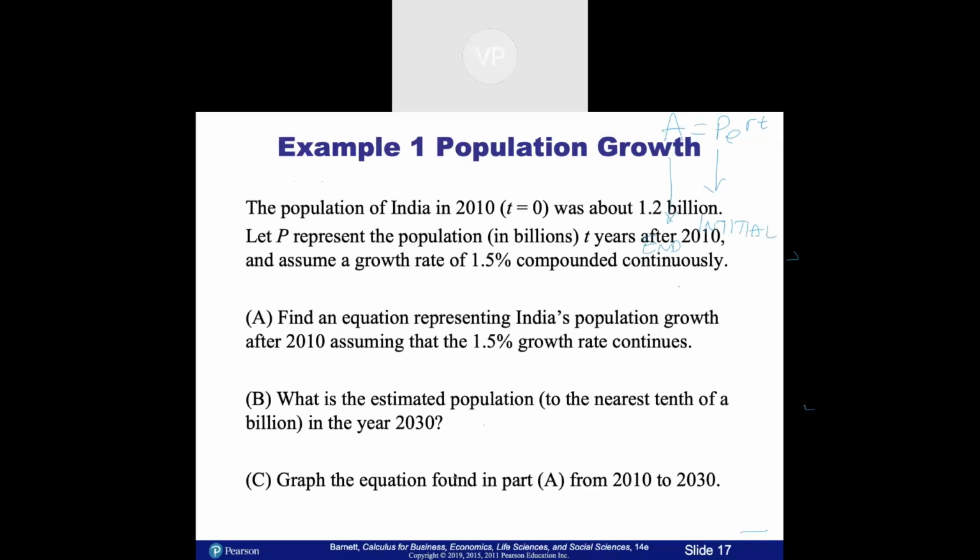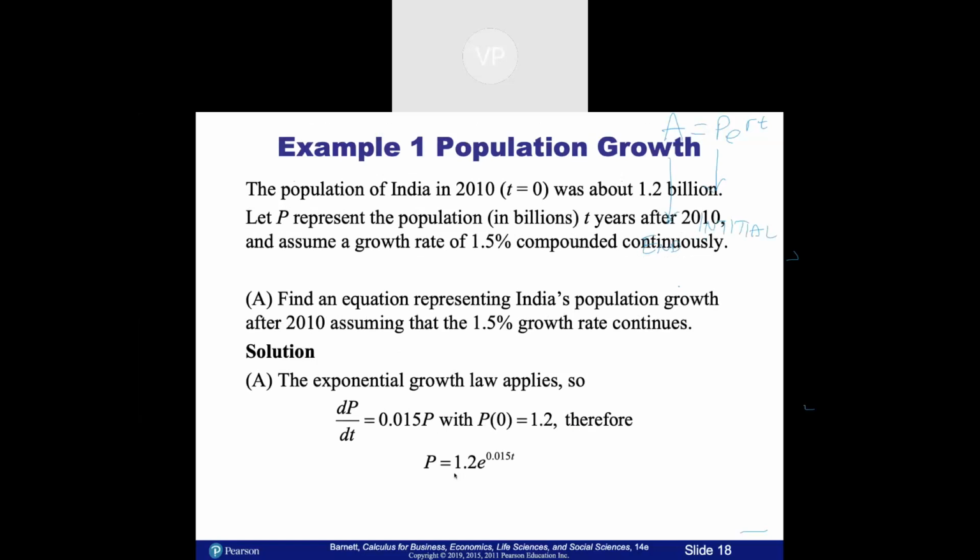Now, when I go to this population problem, it's going to use different variables, but it's the same kind of idea here, okay? The 1.2 is the initial. It was called P before, but as you can see, P is a different letter here. This is going to be your population after T years. So if you put 1 year in here, you're going to get the population 1 year later.